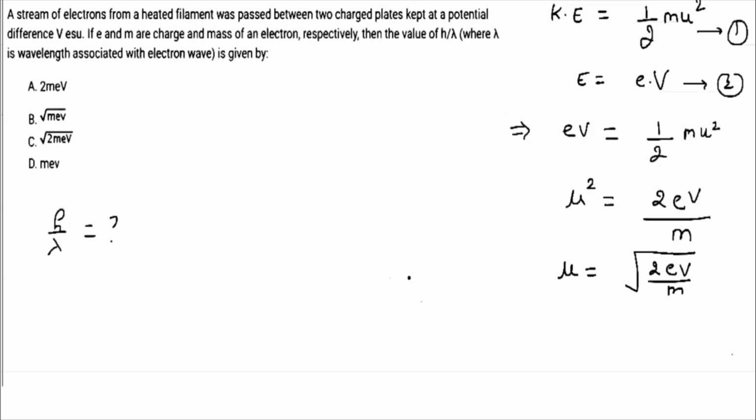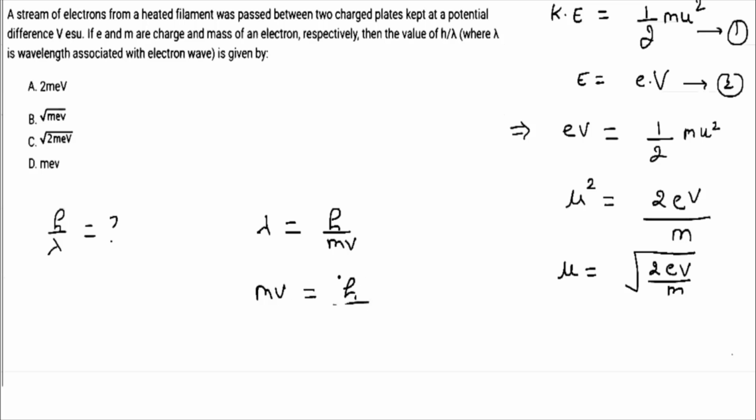From the de Broglie relation, we know that lambda is equal to h upon mv, where lambda is the wavelength. But we have to calculate the value of h by lambda, so mv comes out to be h by lambda.